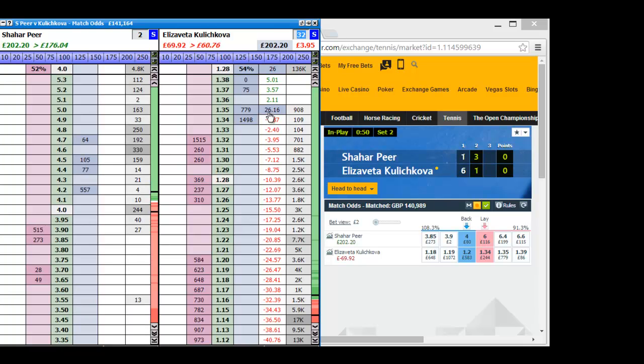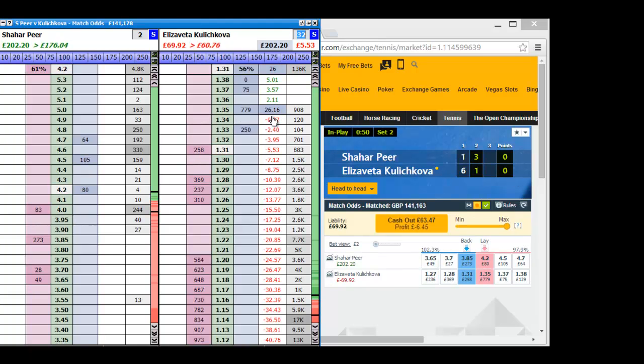However, Peer yet again came back and broke the favourite's serve again for the second time in the set. So that should mean that our £32 back bet that we put in should be getting close to getting matched now. We're pretty much first in the queue at that particular odds of 1.35, and there it goes.